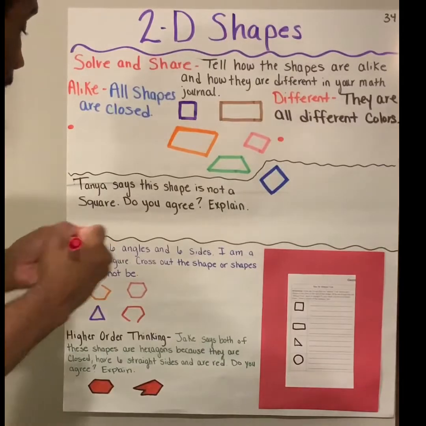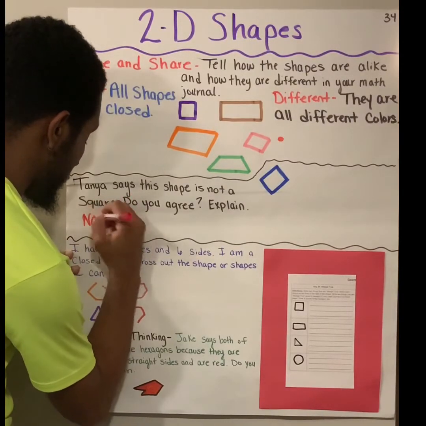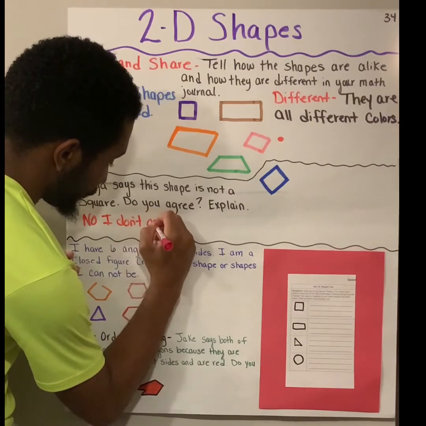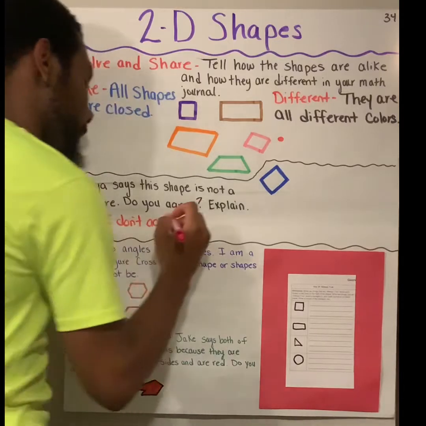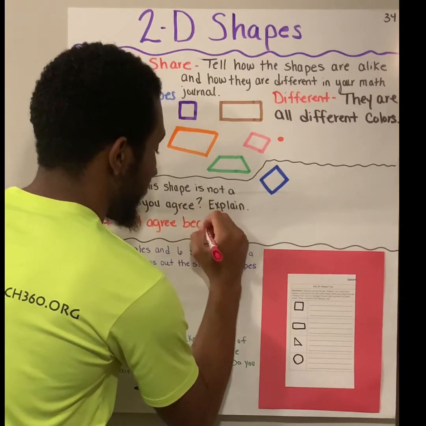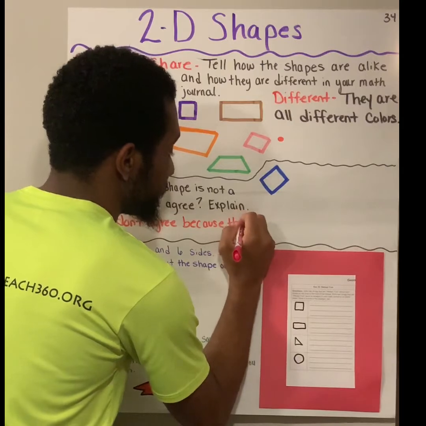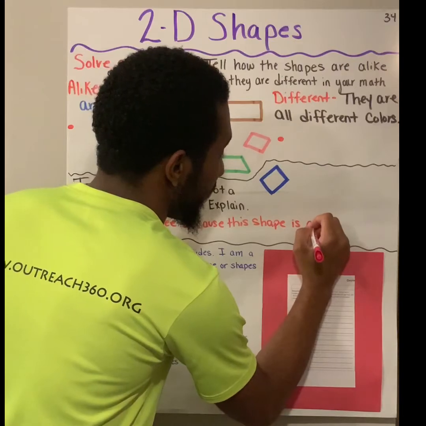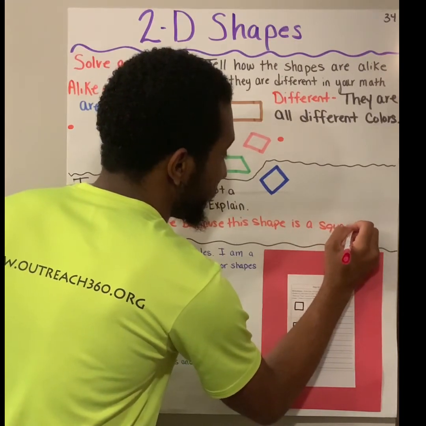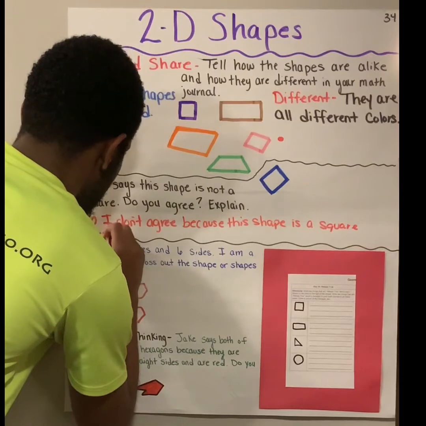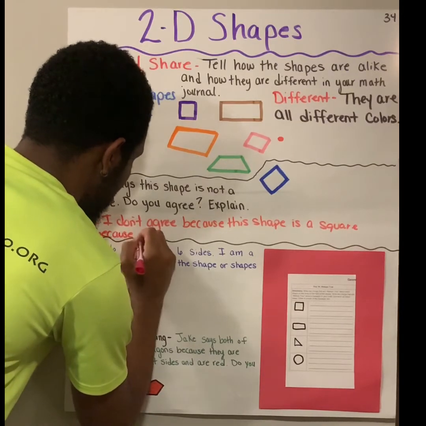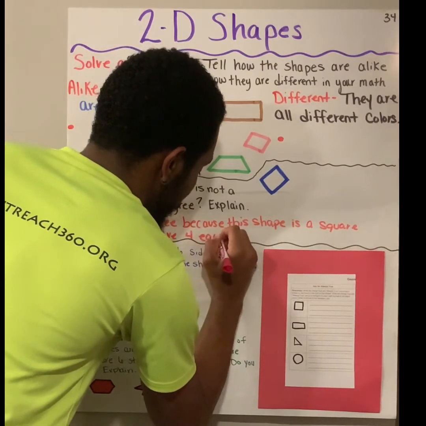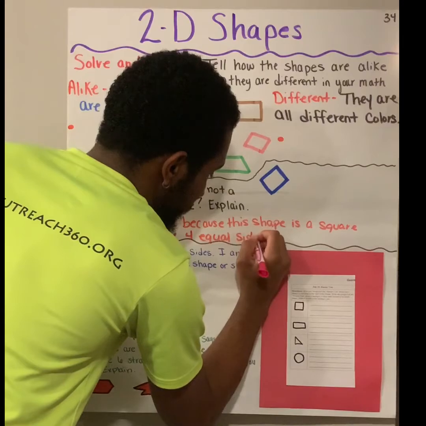Do you agree? Okay? I'm going to say no, I don't agree because this shape is a square because it has 4 equal sides.